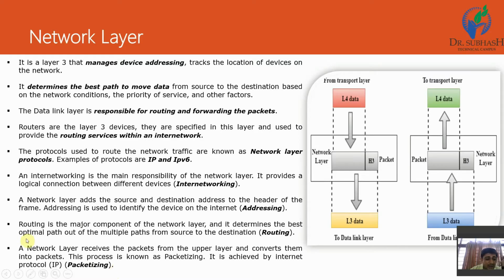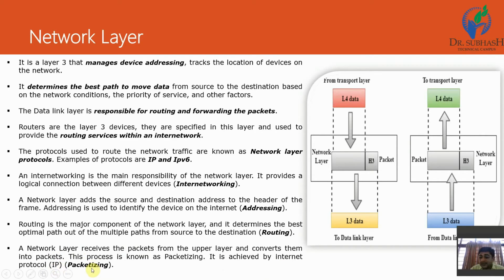And the last one is packetizing. The network layer receives data from the upper layer, that is the transport layer, and converts it into packets. If the transport layer provides the data in another format, then the network layer will convert all the data into a single packet format, and this is achieved by Internet Protocol, IP.